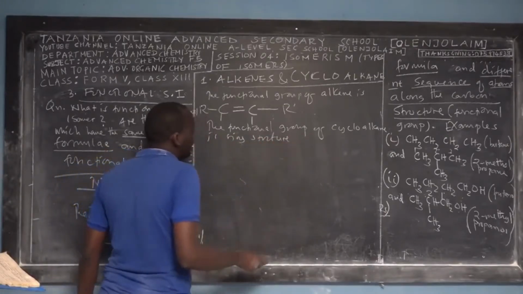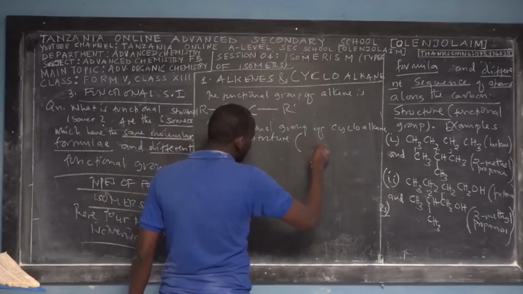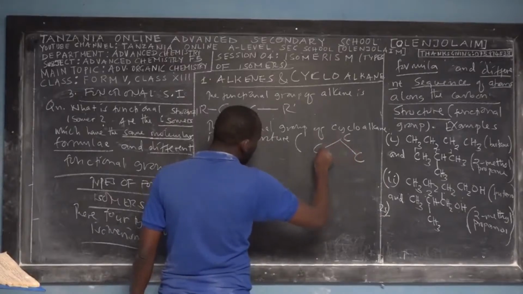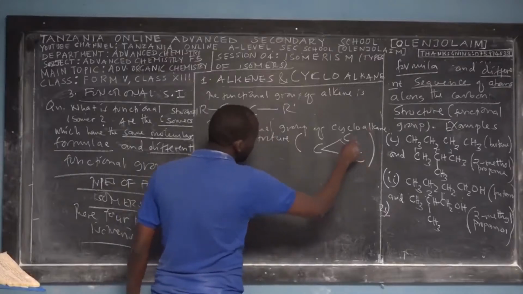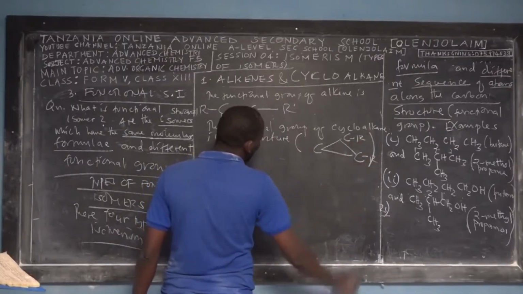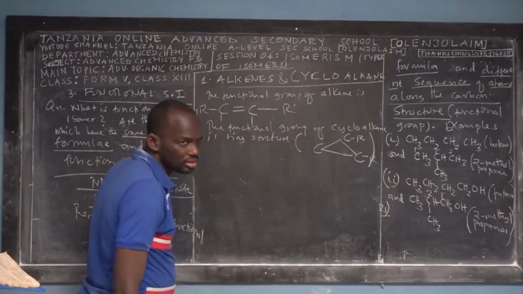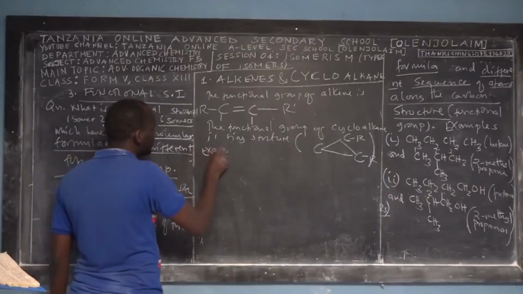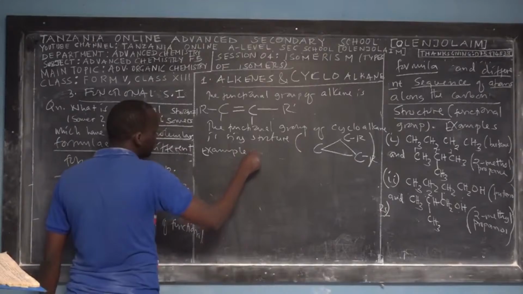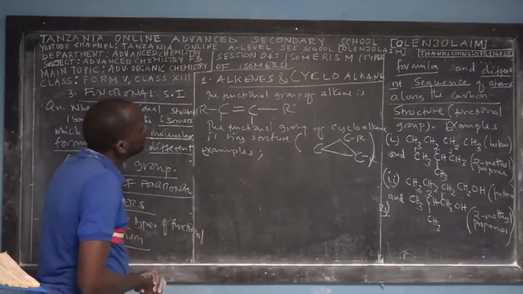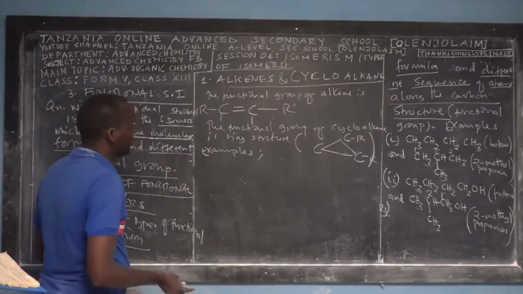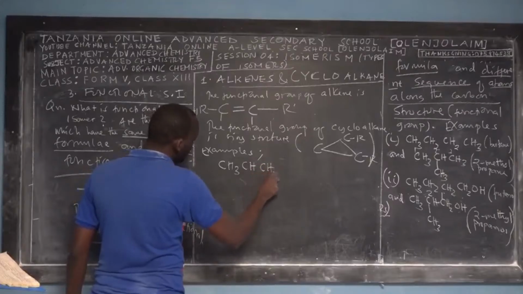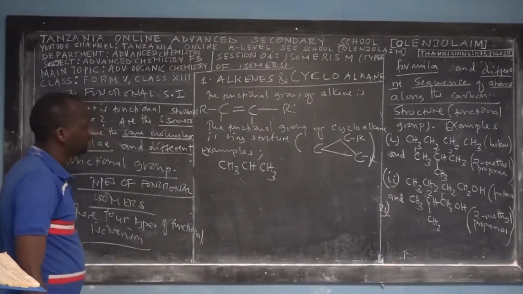The functional group is just like, let's say you have carbon, carbon, carbon, with single bond, single bond, single bond. So, an example: let's say you have propene.